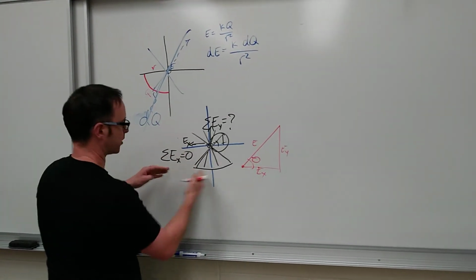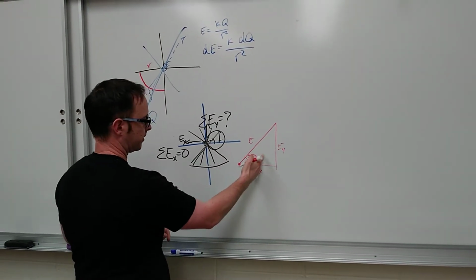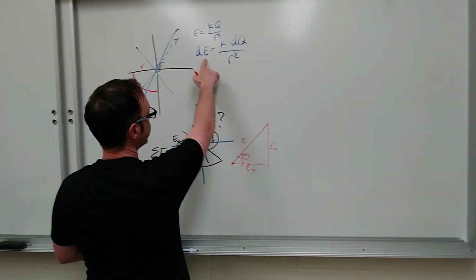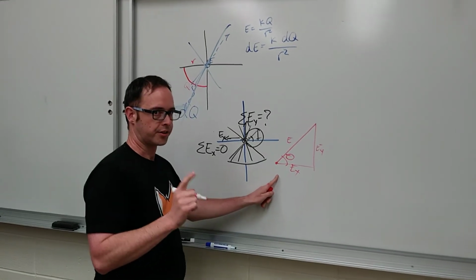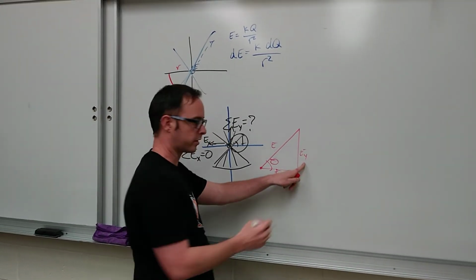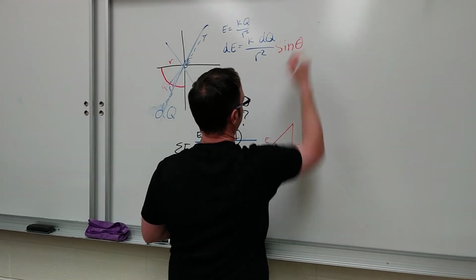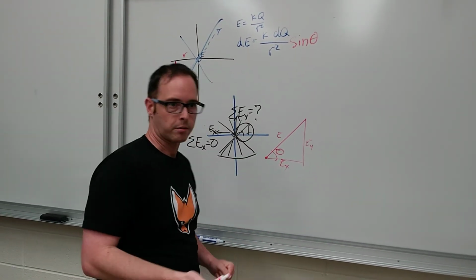Theta changes depending on where you are on this quarter circle, and that means Ey is going to change. So we want dE in terms of d theta, but not just yet. Since we just want this, we multiply by sine of theta to get only the y components.